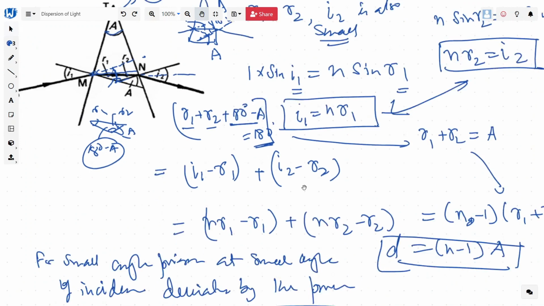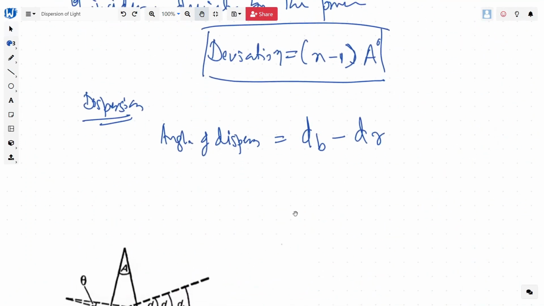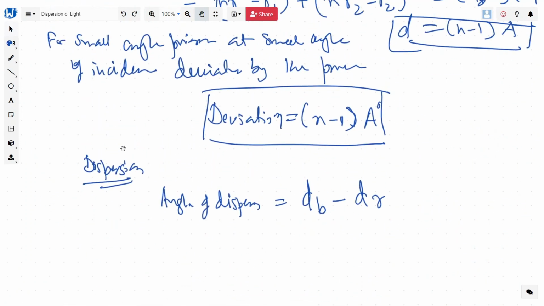So now we can put in the formula and start getting some results. Let's say for the blue light, the refractive index is NB, and for the red light, the refractive index is NR. So what is going to be the deviation for the blue light?